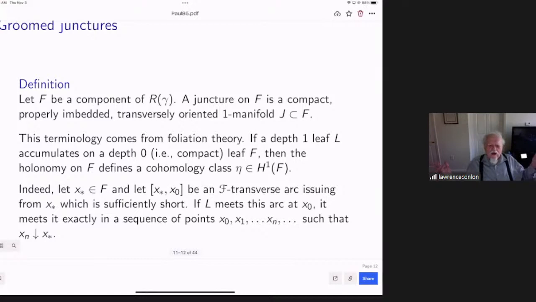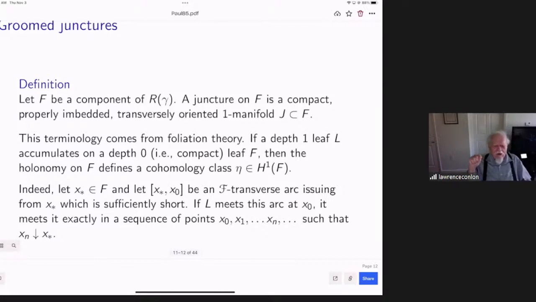Now, where does this terminology come from? Foliation theory. If a depth 1 leaf, remember F, this component of R(γ), is going to be a depth 0 leaf. If a depth 1 leaf, L, accumulates on a depth 0 leaf, compact leaf F, then the holonomy on F defines a cohomology class in the first cohomology of F. And that's a surprisingly simple observation.